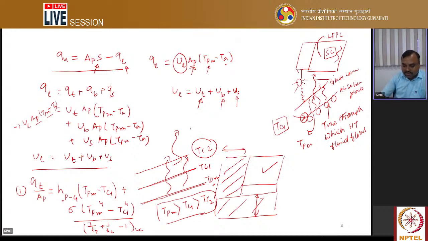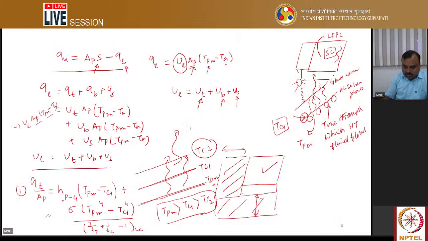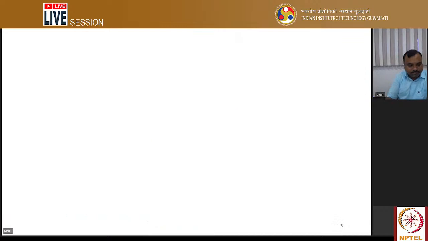So let us again expand it. Here what I was trying to make you understand is the kind of heat exchange taking place from here to here, which I have written here in equation 1. And on the next page, what I'm going to write is the heat exchange from glass cover 1 to glass cover 2. Let us see how it looks.